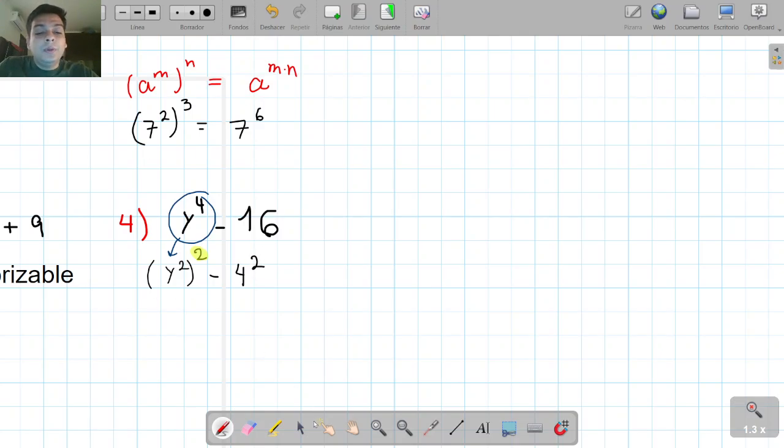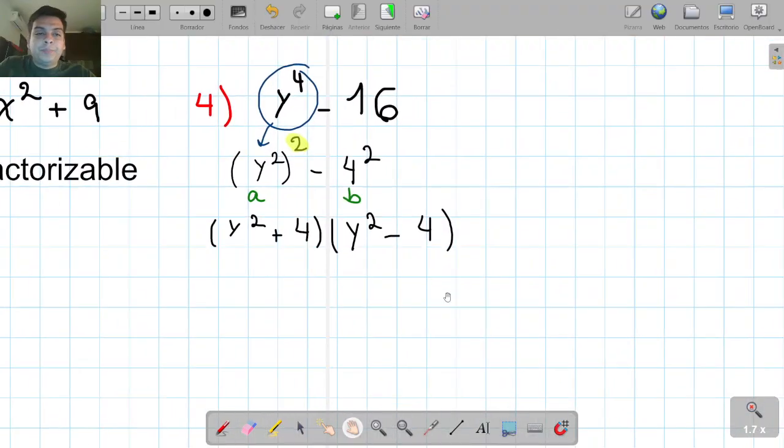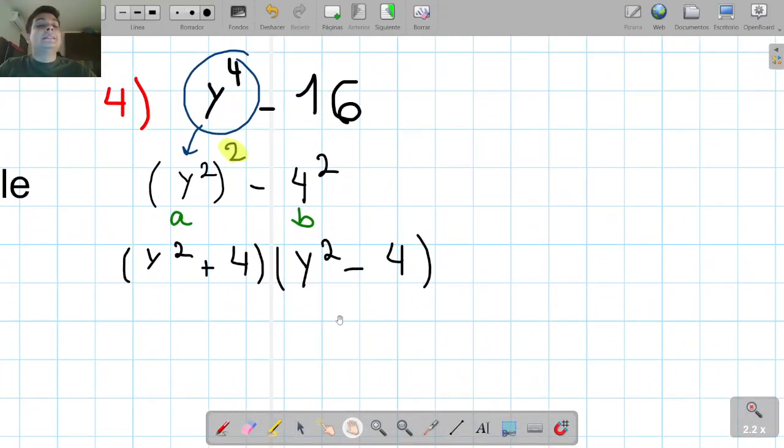Now, following the same formula, this is going to be A and this is going to be B. Following the formula, the result will be y squared plus 4, and y squared minus 4. Now, if you take a look here, we can continue doing the formula, especially when we have subtraction, the difference.